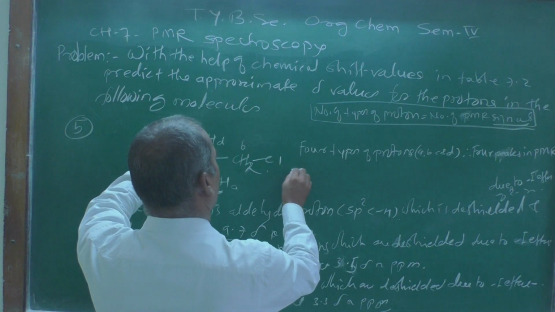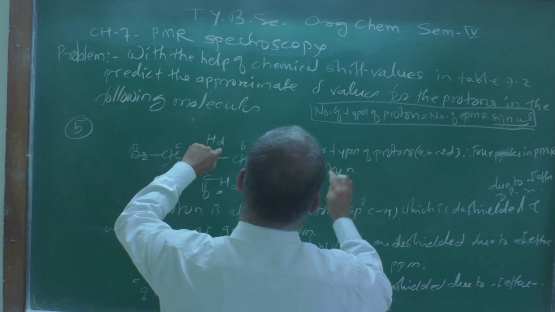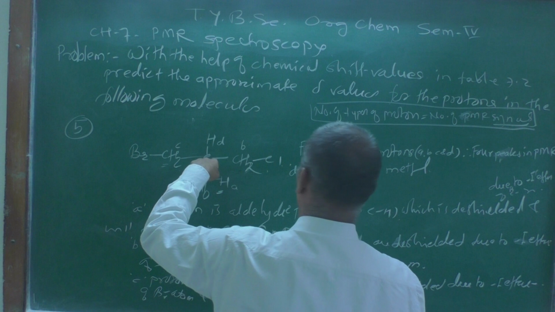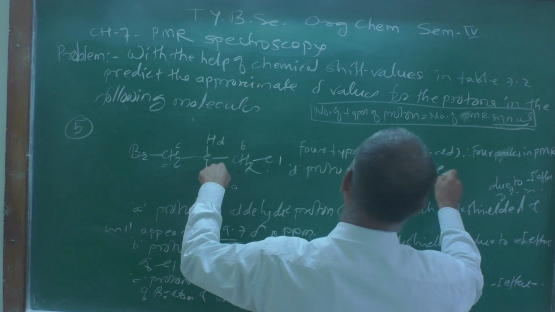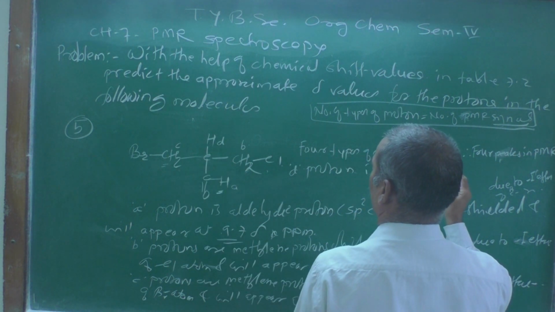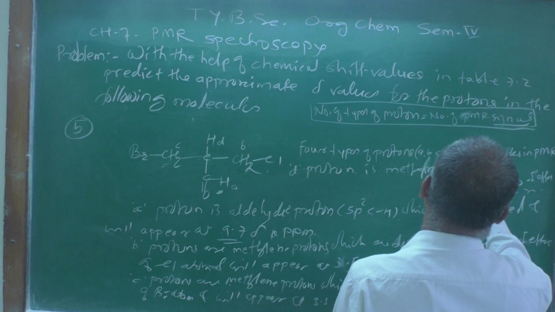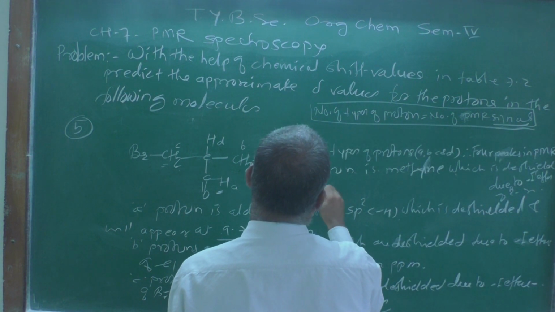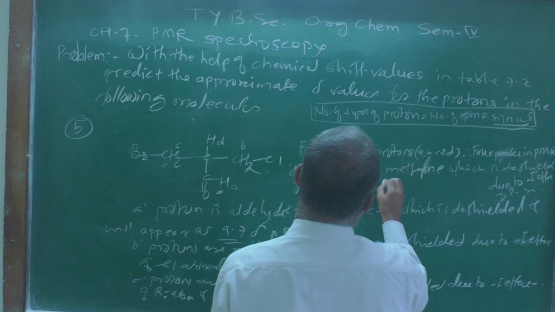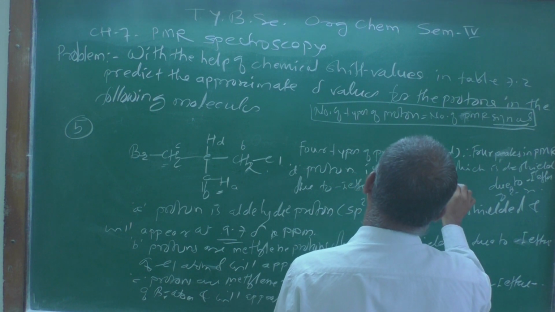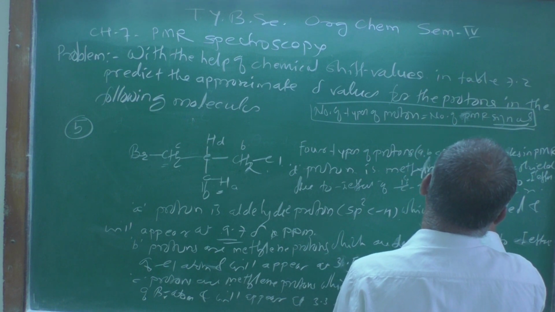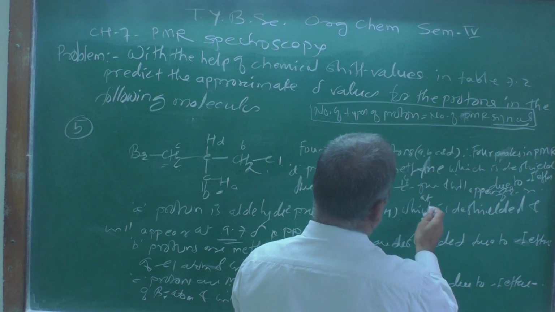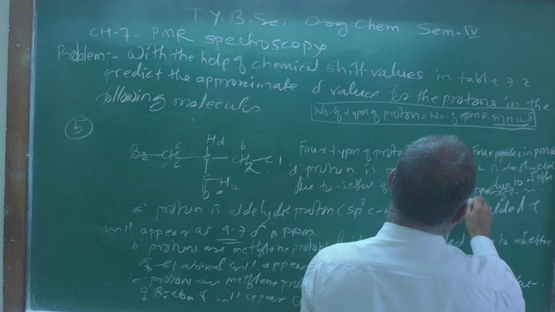And now D proton is a methine proton, which is de-shielded due to the minus I effect of the carbonyl group and will appear at 2.1 delta or ppm.